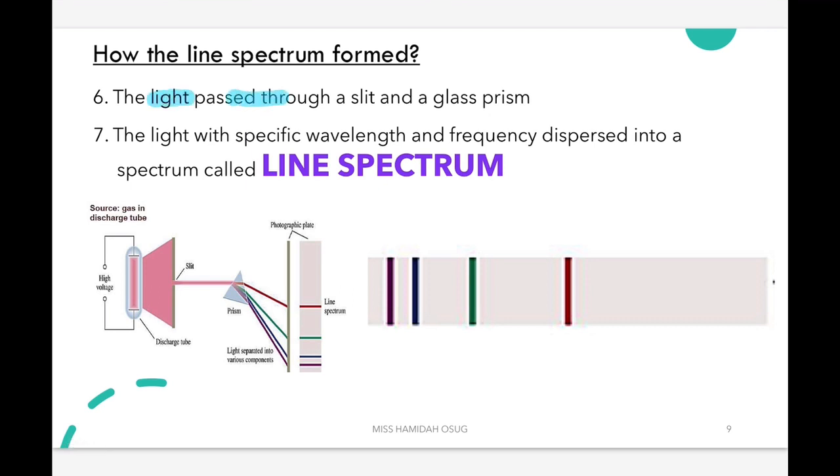The light produced will pass through a slit and a glass prism. The light with specific wavelength and frequency will disperse into a spectrum, and that spectrum is called a line spectrum.